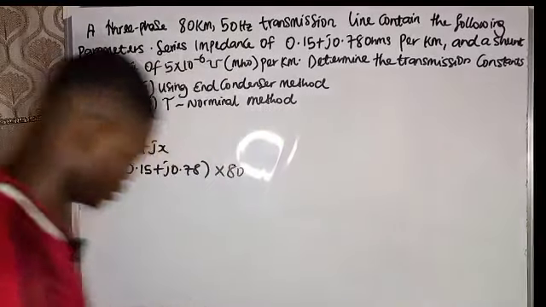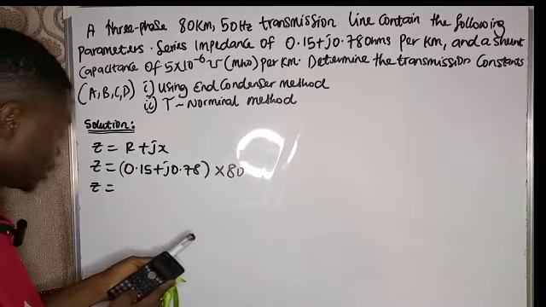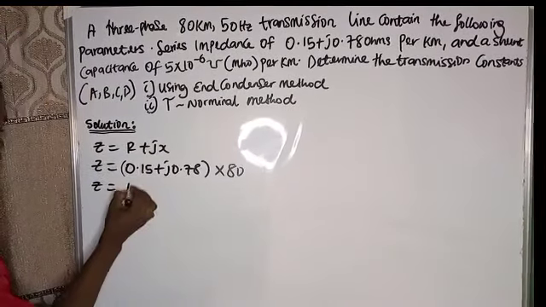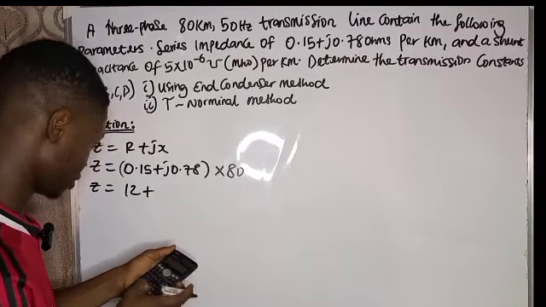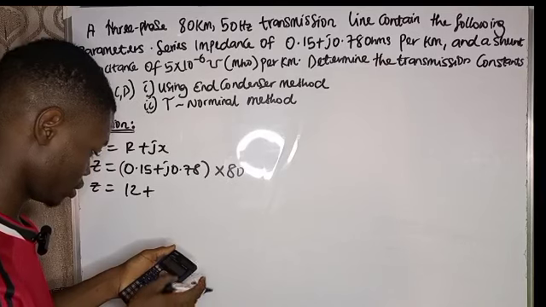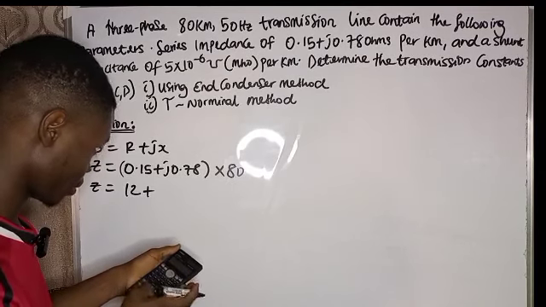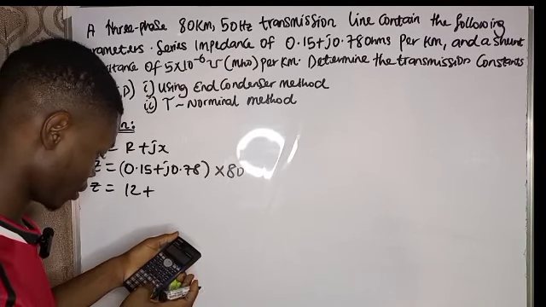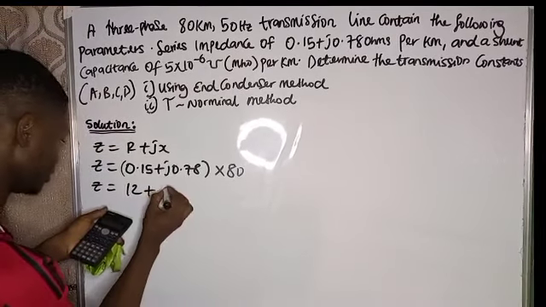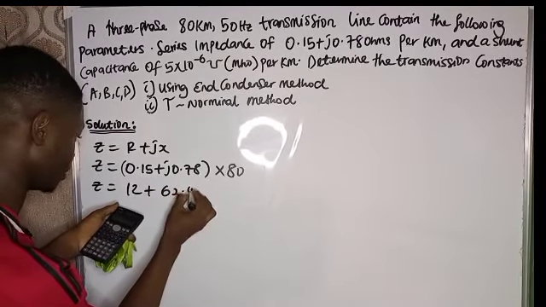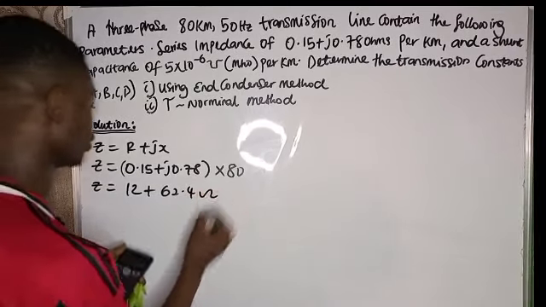So times 80, we are going to have 80 times 0.15, which is 12, plus J 80 times 0.78, which is 62.4. So in ohms.